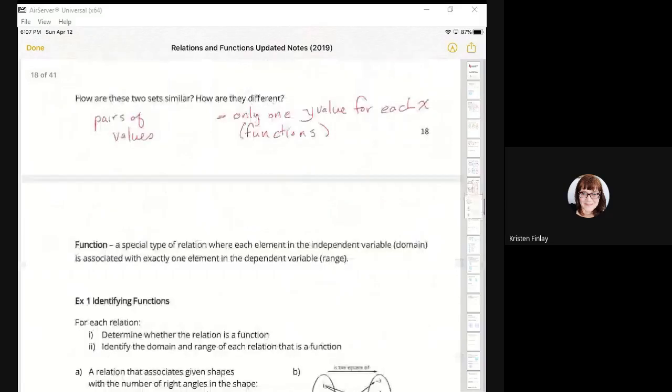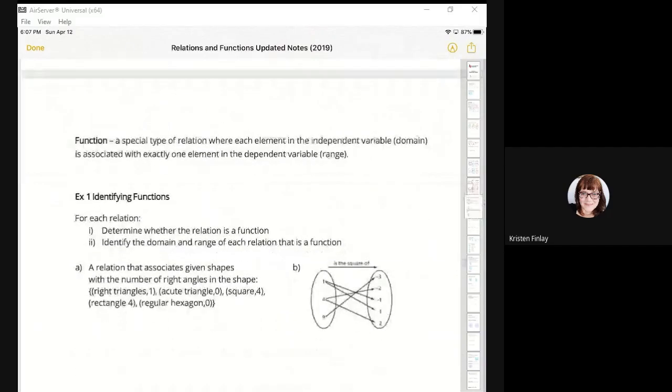So this draws us to our conclusion. What is a function? Well, a function is a special type of relation. So it's still a relation, but it's a very specific type of relation where each element in the independent variable, the domain, usually x, is associated with exactly one element in the dependent variable, usually y.